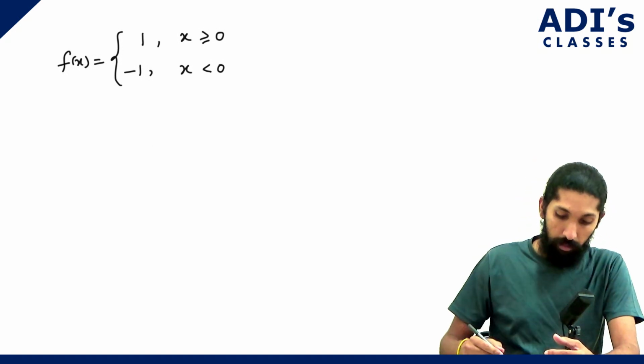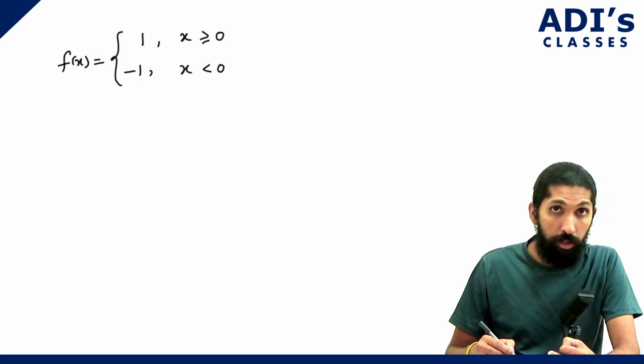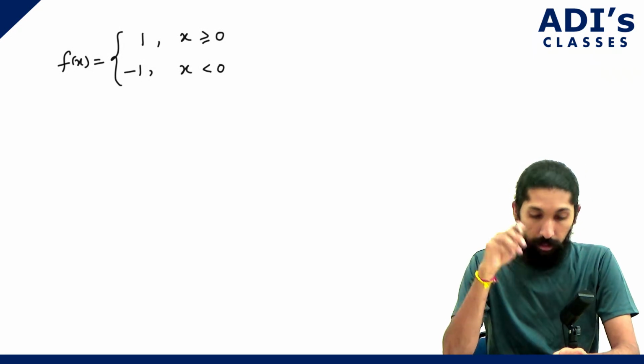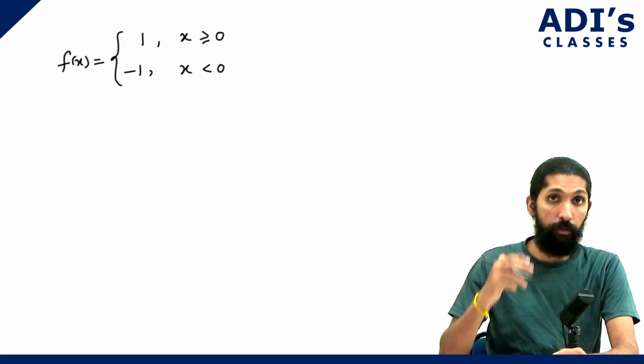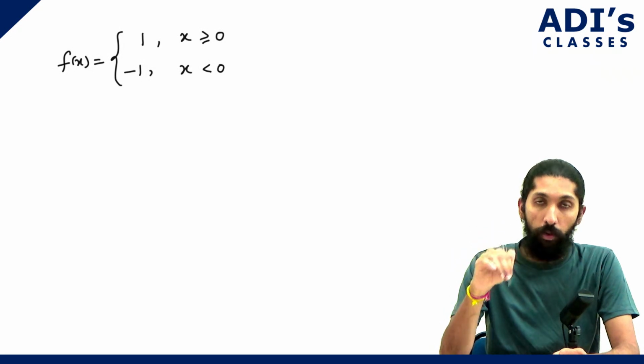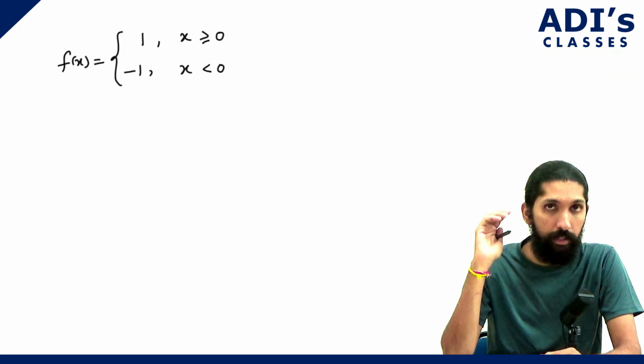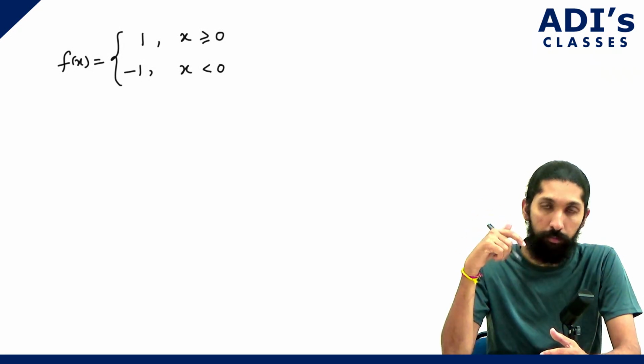Now here I'll ask you whether the function is continuous in a particular region. When you have this particular function, again we'll take two cases: one is the less than part, and one more is the greater than or equal to part.